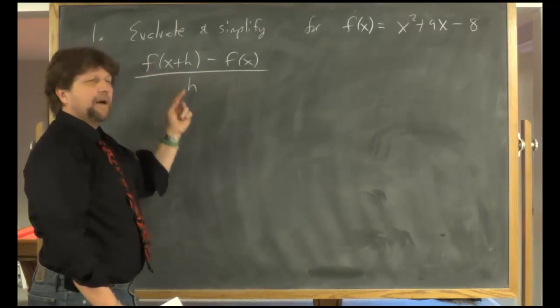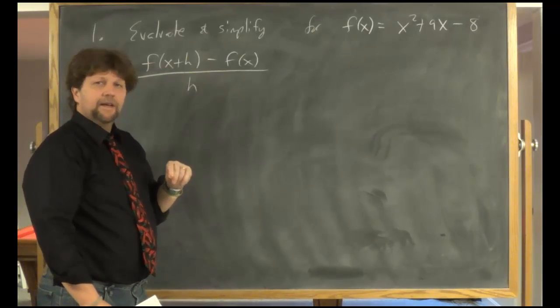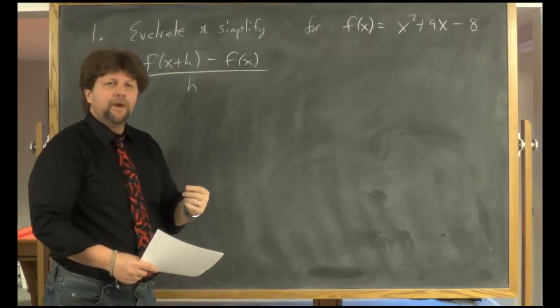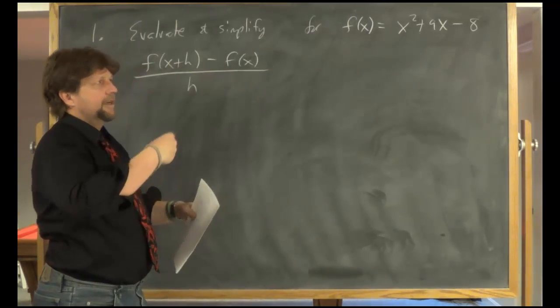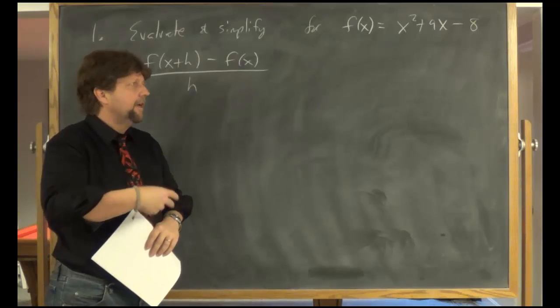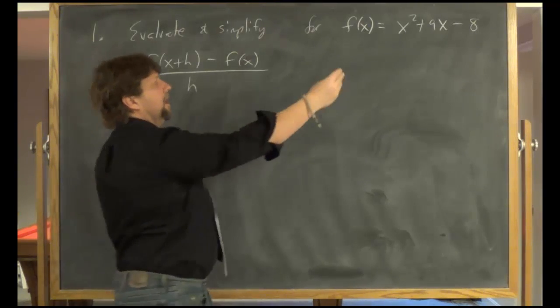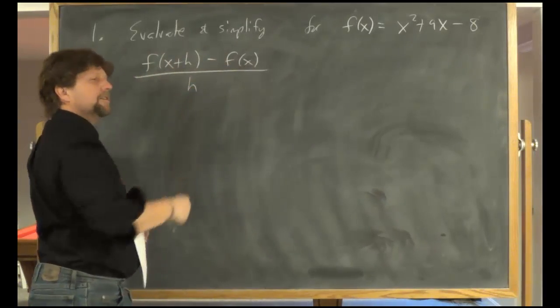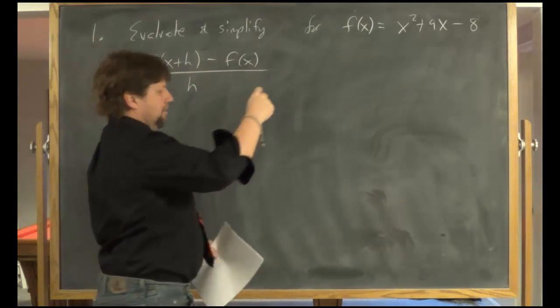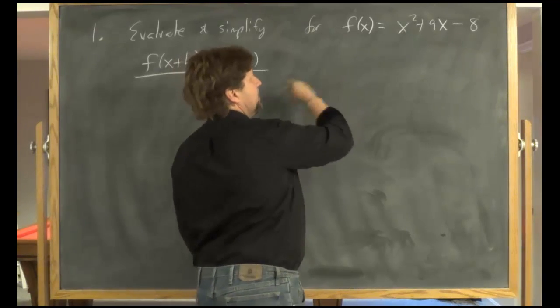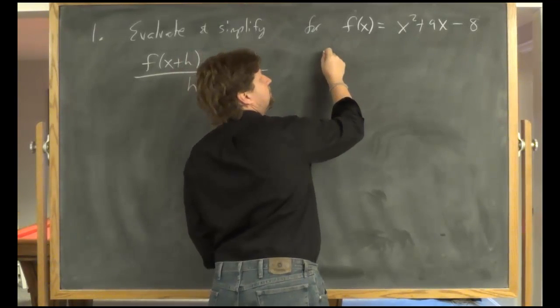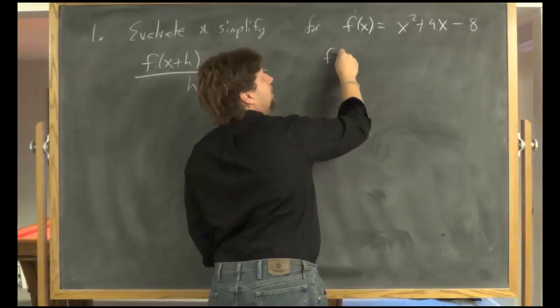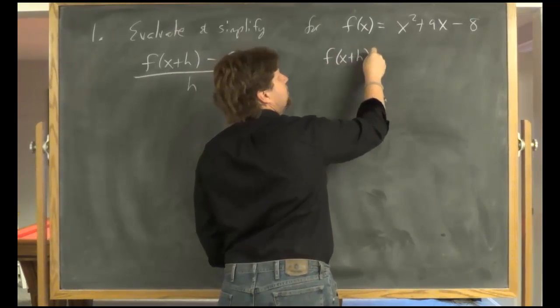So why don't we start off by evaluating the f of x plus h. This is just evaluating a function, just like how you would evaluate the f of 3 or the f of 5. Wherever we see an x, we're going to toss in an x plus h. So let me do that over here to the side so I don't get this all cluttered. The f of x plus h.